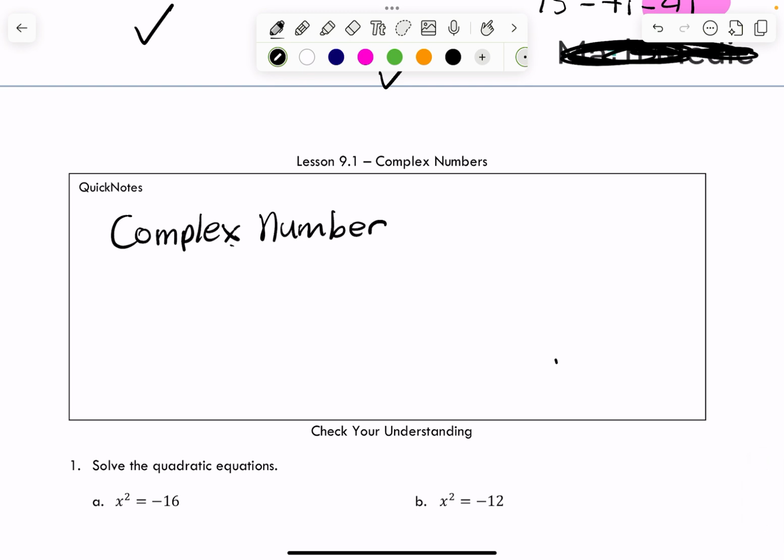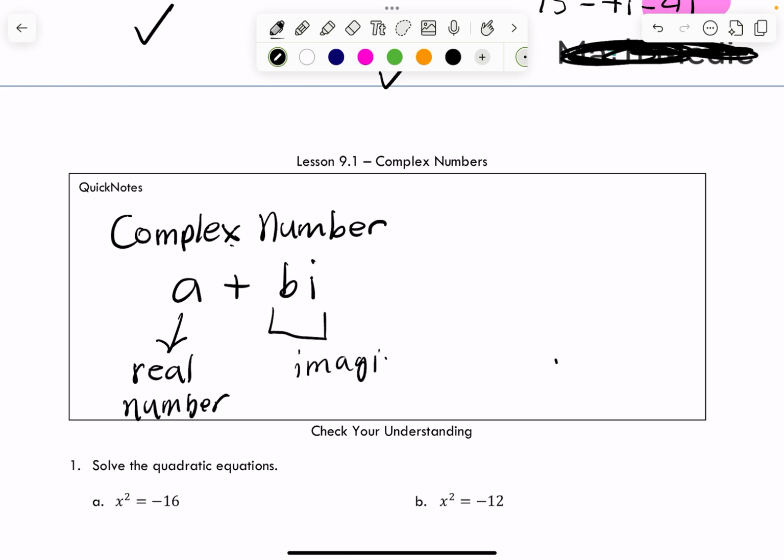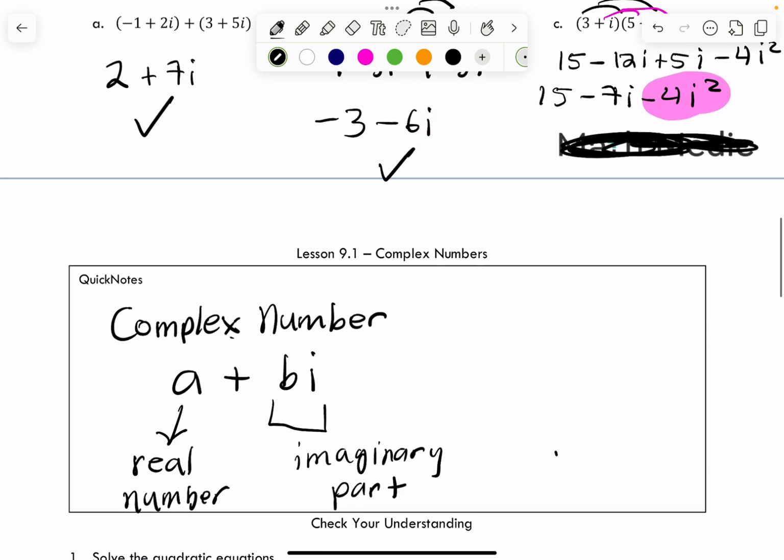And complex numbers look like a plus bi. This is a real number. And this is the imaginary part. So you might have seen above, like when we saw -3 minus 6i, this is the real part, and this is the imaginary part.